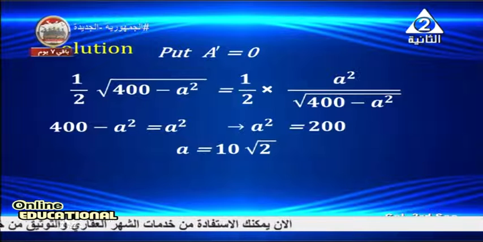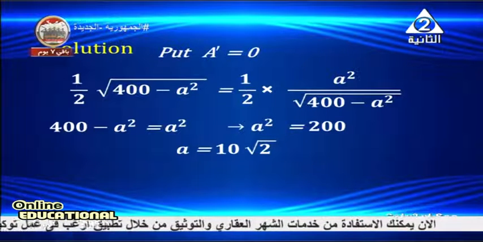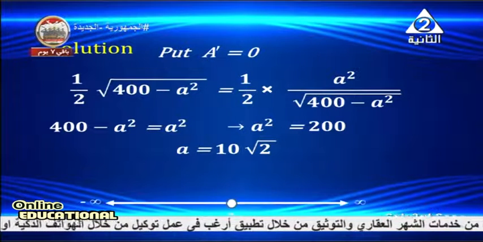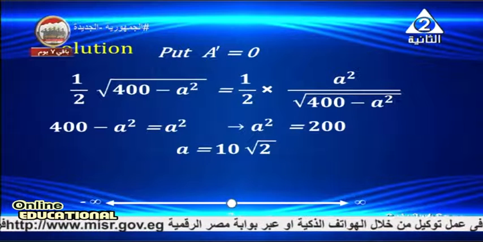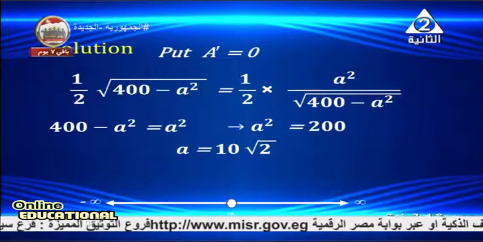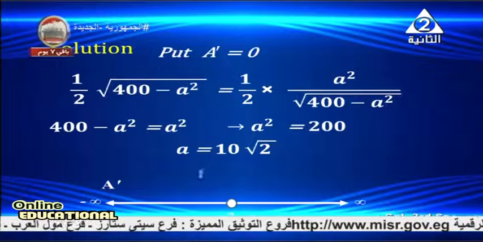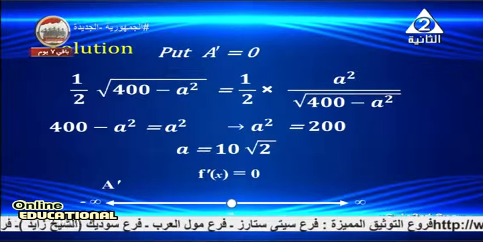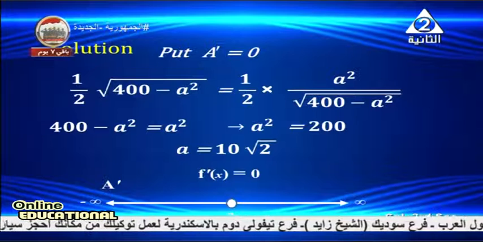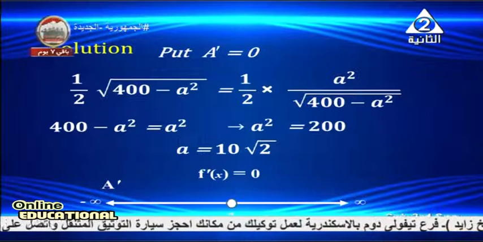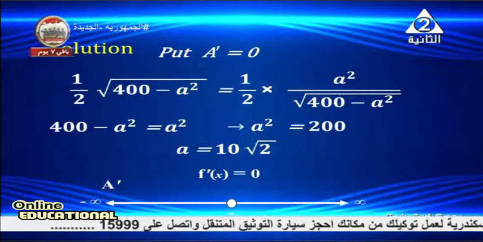At a equals 10 root 2, we have a number line. A equals 10 root 2 is a critical point. Then a dash, the derivative of the area, which is the first derivative of the function, equals 0 when a equals 10 root 2.